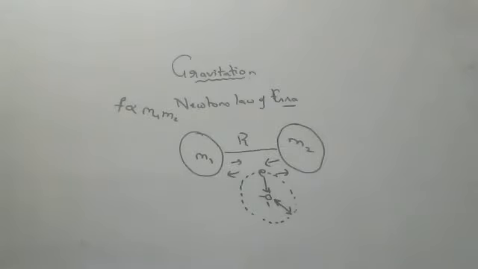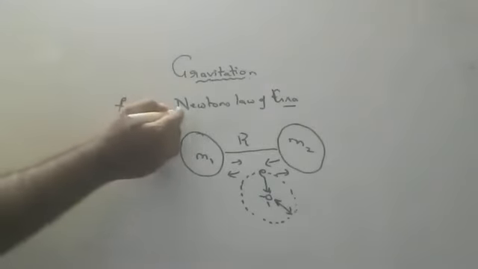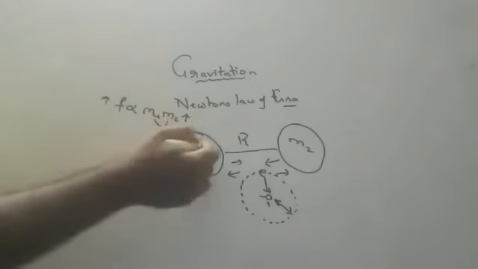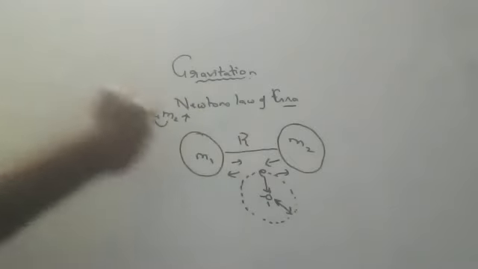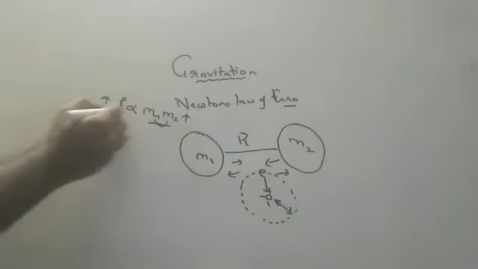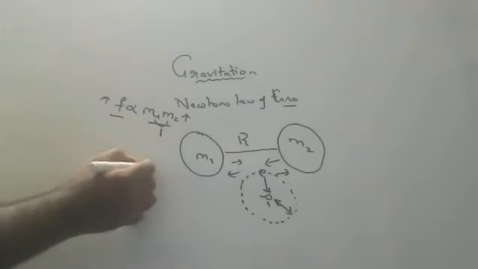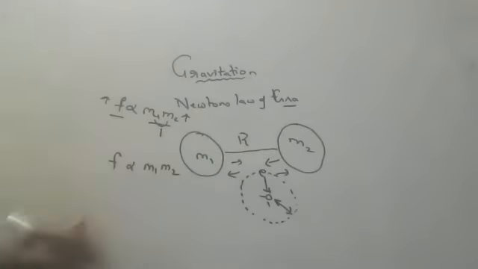When two bodies' masses are very high, the product will be still higher. So more mass, more force; less mass, less force. So force is directly proportional to the product of their masses. This is the universal law of gravitation proposed by Newton.